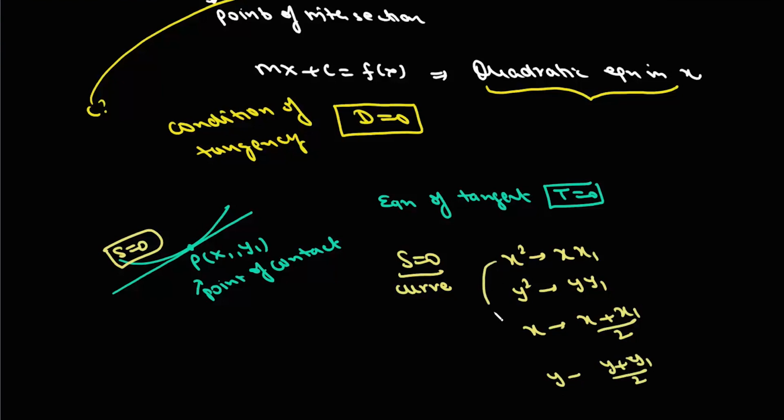And if we substitute all of these in this equation, we'll get equation of a line, and that equation is T equals to 0, which in this case is equation of tangent whose point of contact is P (x1, y1).